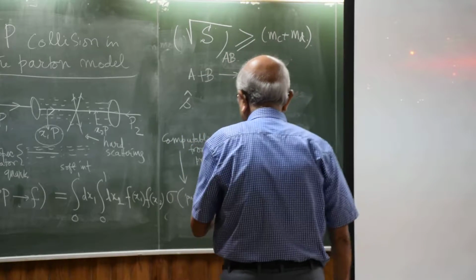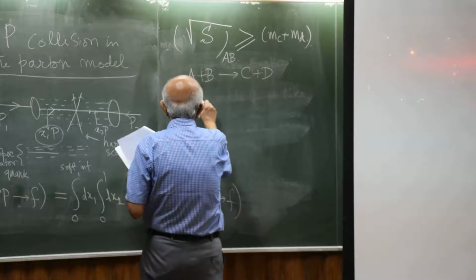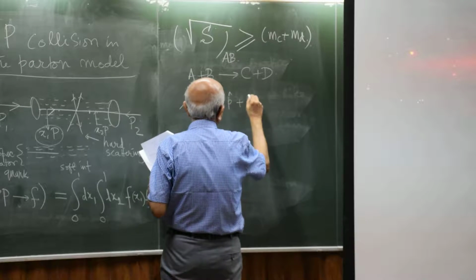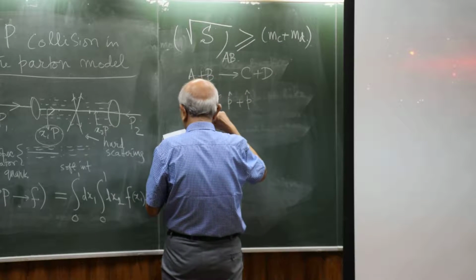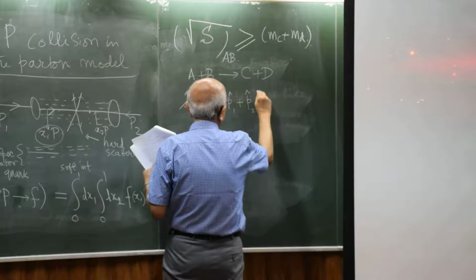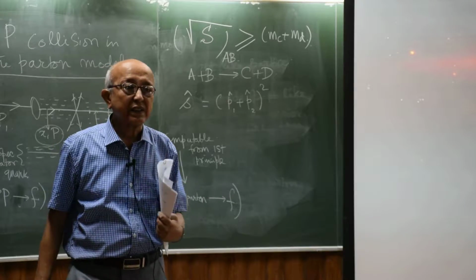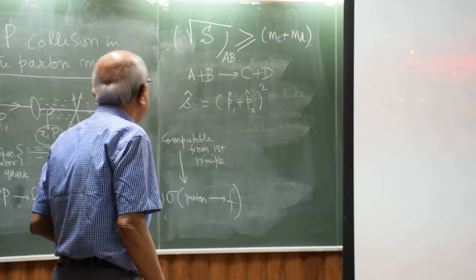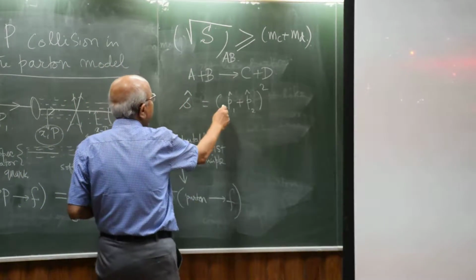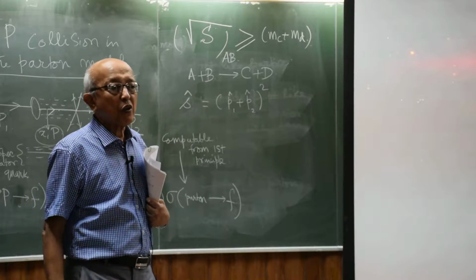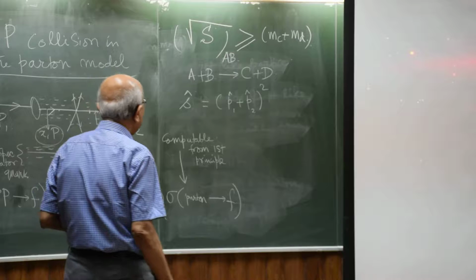So this must be equal to the, this is how we introduce the center of mass variable, and then P1 square and P2 square are 0 if we neglect the parton mass in this high energy process.